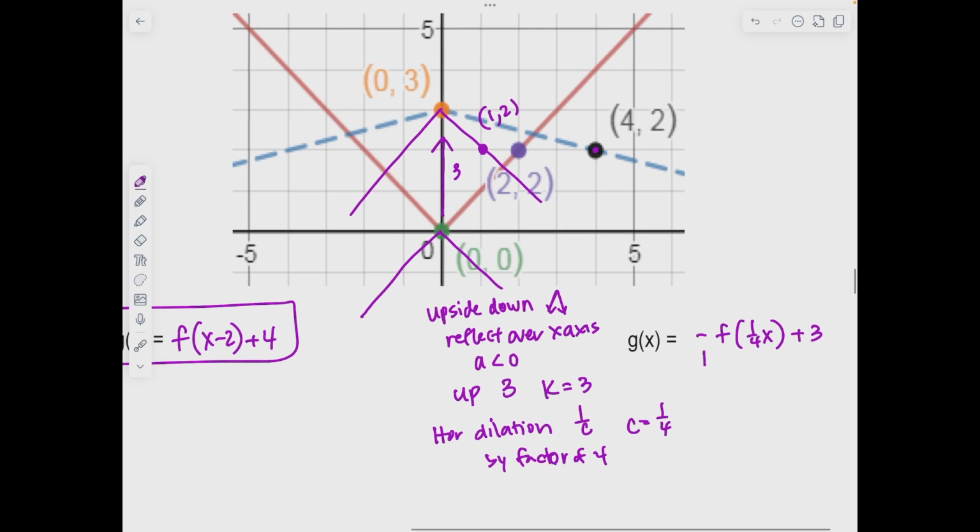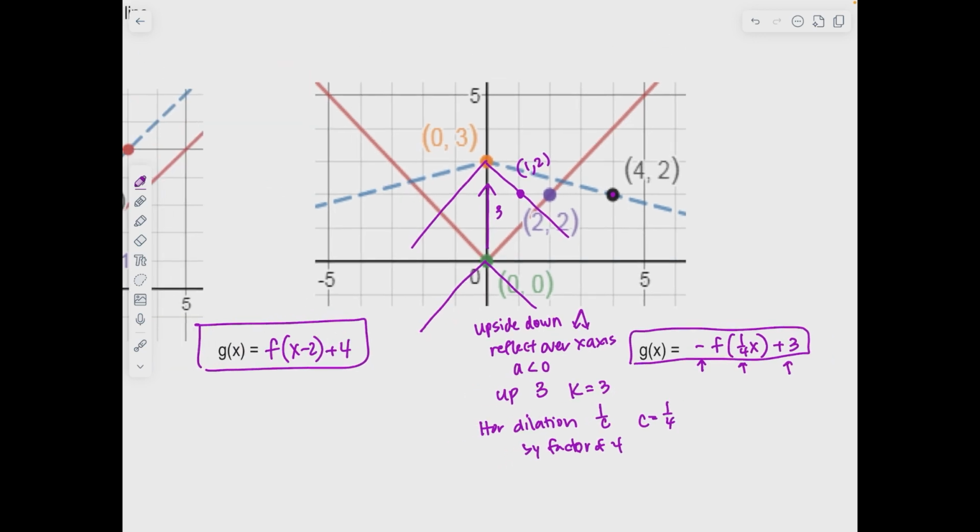I account for the reflection to turn upside down. I account for the graph going up 3 units. And now I account for the reciprocal. The reciprocal of 1/4 is 4. That's my horizontal dilation because I had to multiply the x value by 4. So this will get me to where I need to be.